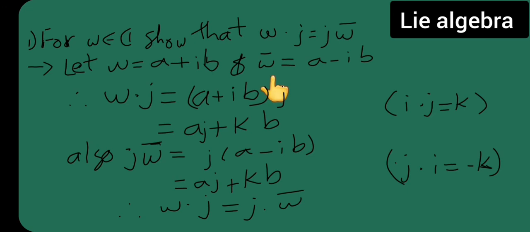Then this is equal to aj. This becomes plus because j into k is minus k and this minus, it will come plus, so you will get kb. Therefore w into j is equal to j into conjugate of w. Okay, so this is equal to this. Final answer. Done.